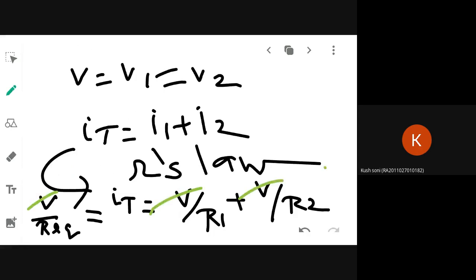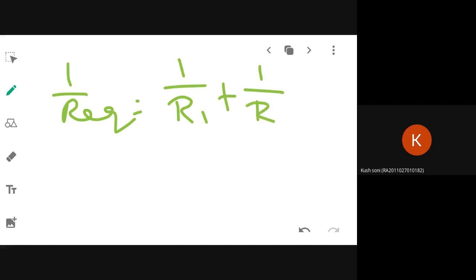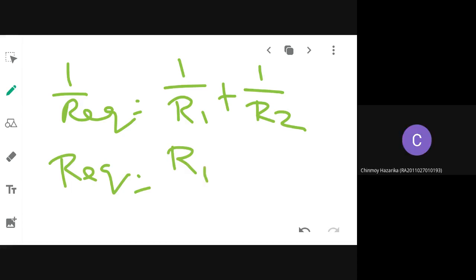Now what will be the R equivalent that I will be having? My 1 by R equivalent will be equivalent to 1 by R1 plus 1 by R2. I want R equivalent, so this will be equivalent to what? R1 into R2 divided by R1 plus R2.